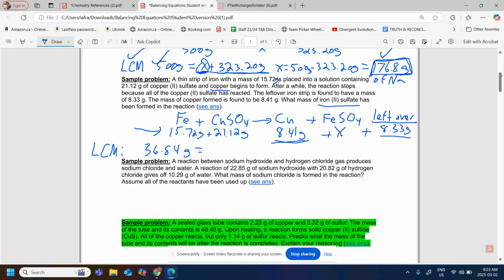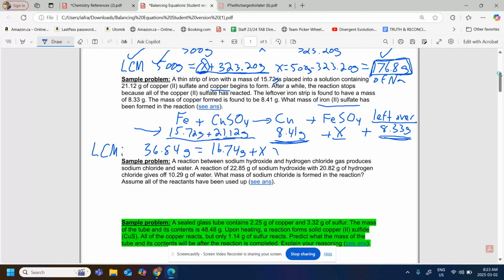I'm going to add 8.41 and 8.33 together, so it's 16.74 grams plus x. So you're still just looking for x, because this and this should be equal to the total here, assuming I did all my math right in my head.